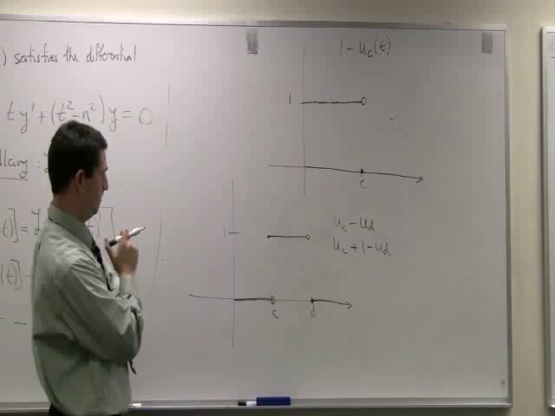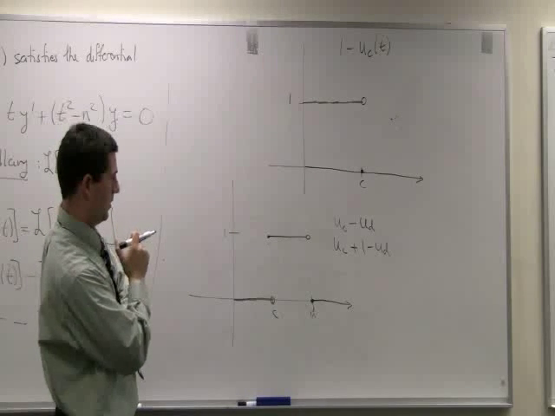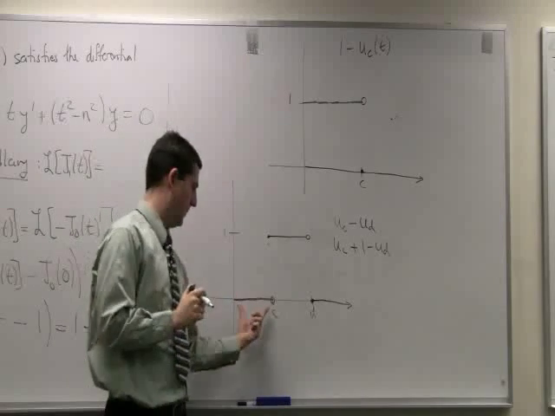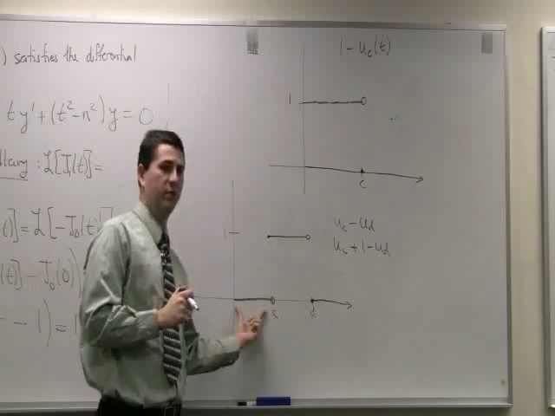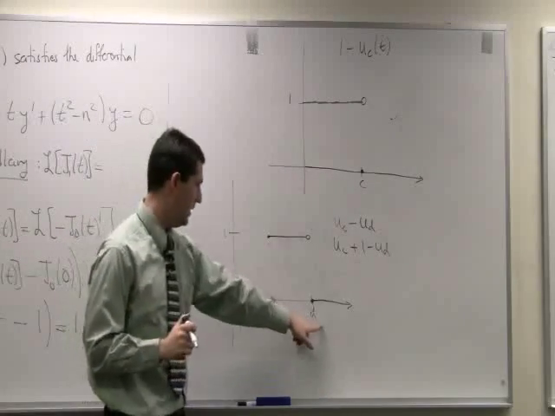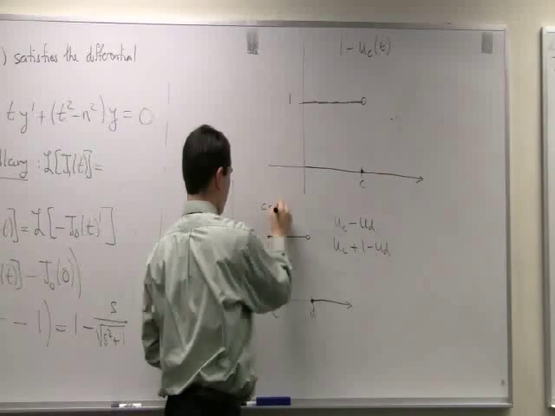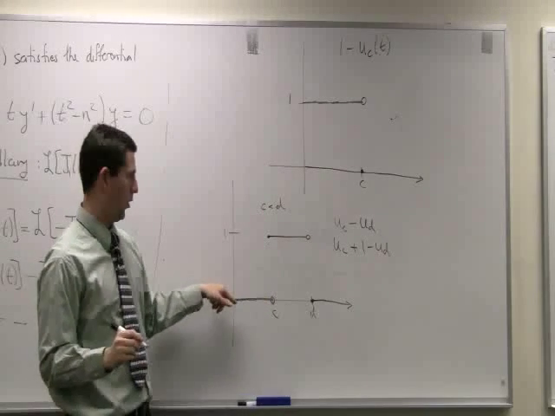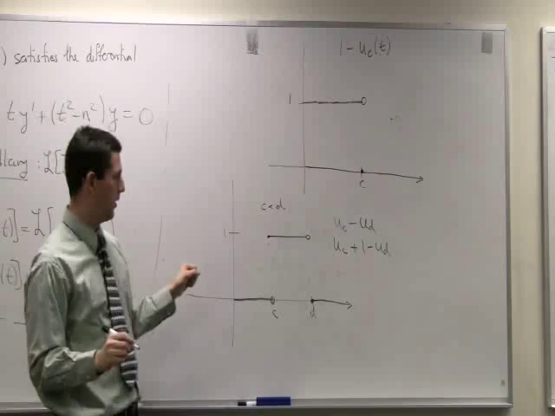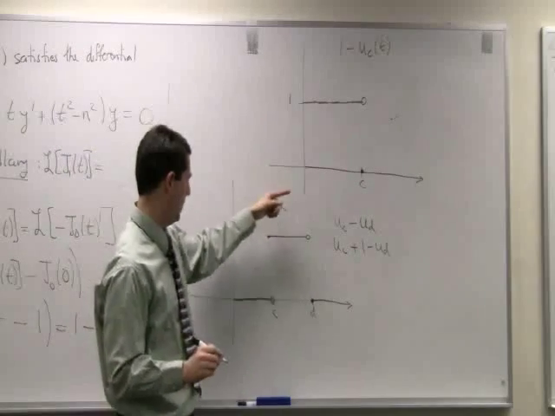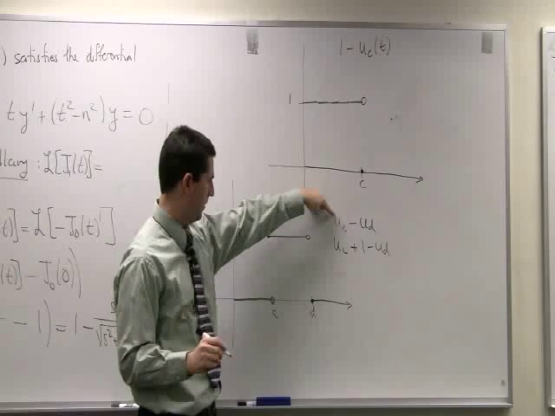Let's see. So between 0 and C, it's supposed to be 0. And at D, we can assume C is less than D, it's supposed to be a 1. So let's see, before you get to C, then that's giving you a 0.